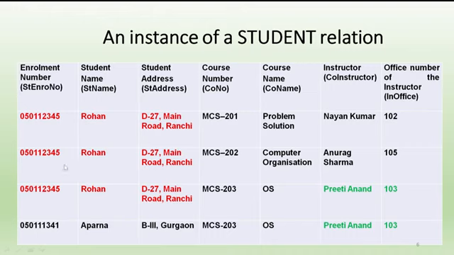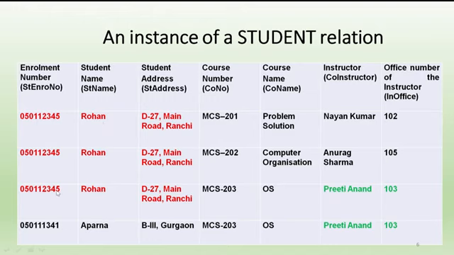But what it means technically, what functional determination means in this dependency, is that, for example, enrollment number 2345, last digits, right? This particular enrollment number exists in three places, and in all the places the student name happens to be Rohan.